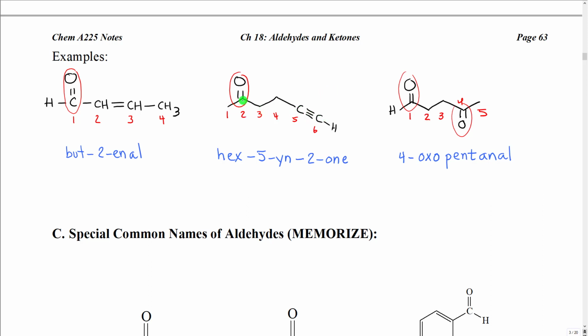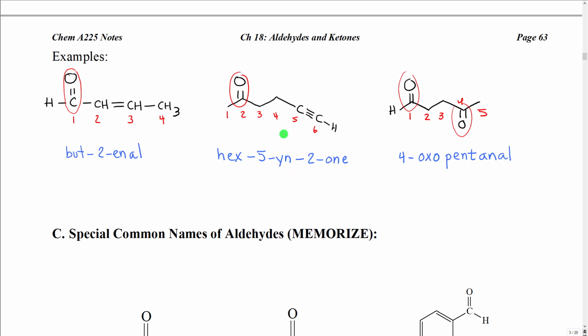If we look at the next example, we have a ketone and we have an alkyne. So again, the ketone will be higher priority. If we look at the carbon chain, we have a total of 6 carbons, so that's a hex. The alkyne, which is the unsaturation, starts on carbon 5. That's the lowest numbered carbon of that unsaturation. So therefore, we put 5 and we use the suffix -yne.